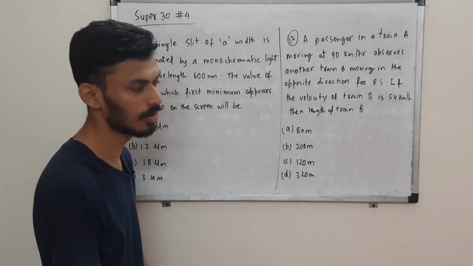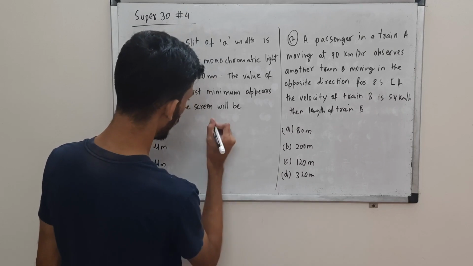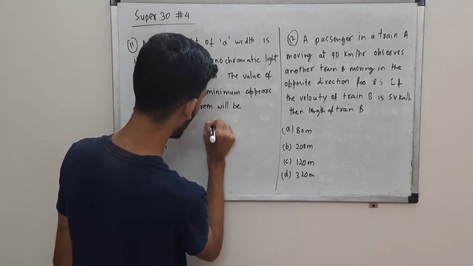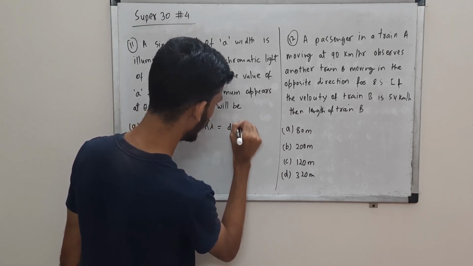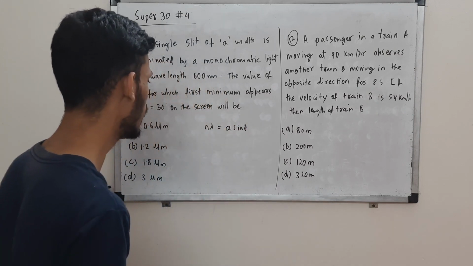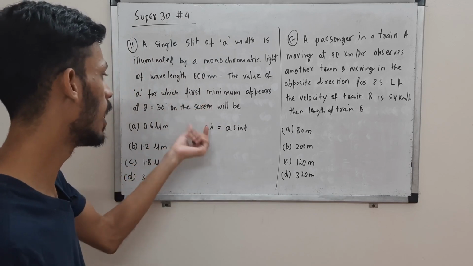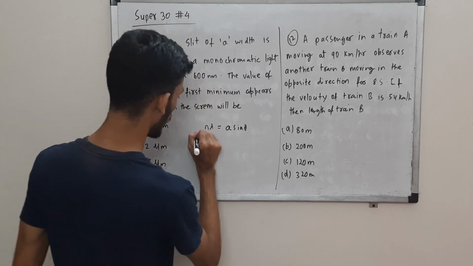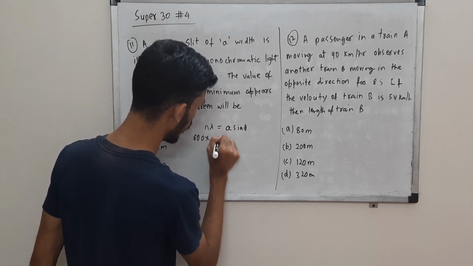You can use the condition for minima for diffraction, which is n lambda is d sin theta, or in this case A sin theta, the slit width. For the first minima, n is 1, lambda is given as 600 nanometers, so 600 into 10 to the power minus 9.